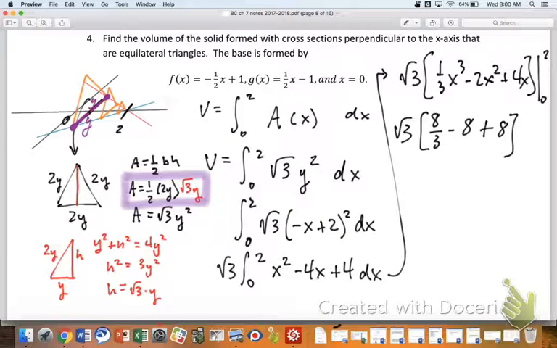This is my area formula, 1/2 BH, and I said my base was 2y, unless I messed up my derivation of my height. And I said 1/2 times 2 is 1, y times y is y squared. Everyone else has root 3 over 4 y squared. Show me where I messed up.